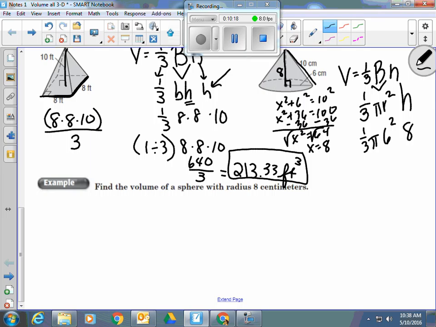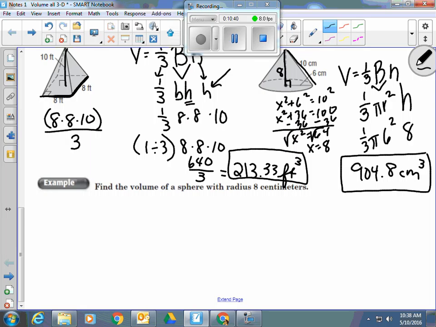So somebody tell me what's a third pi 6 squared times 8? 904.8 centimeters cubed. Does everybody agree with that? Good, push your buttons. What did you get?